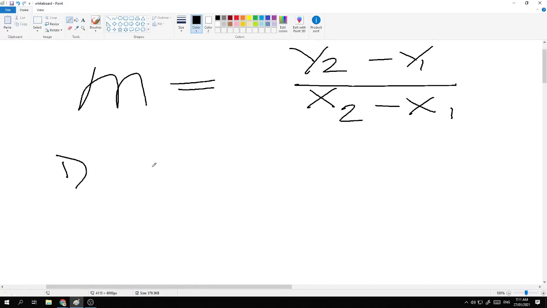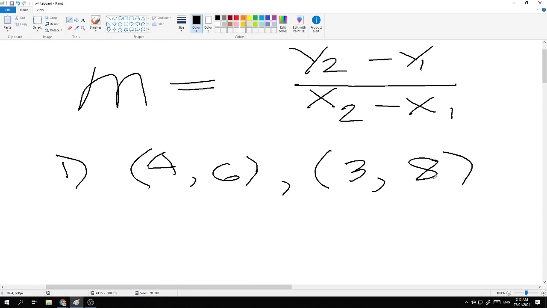So I have 4, 6, and also 3 and 8. So given 4, 6, the first coordinates, the second coordinates will be 3 and 8.